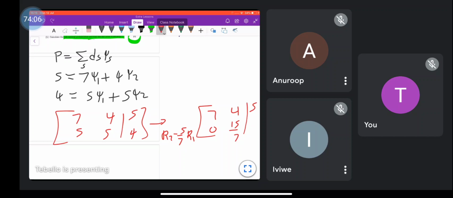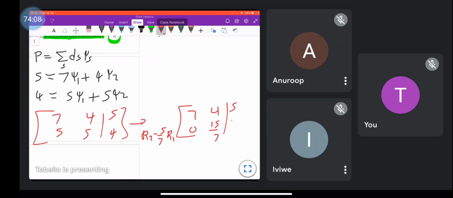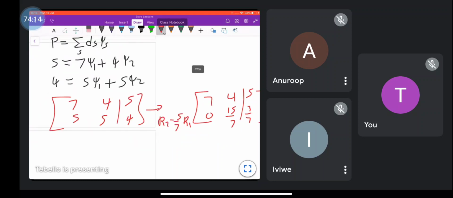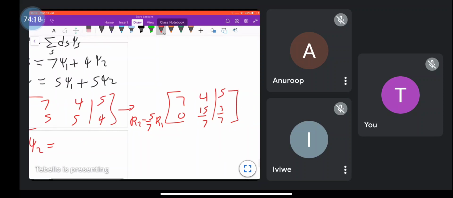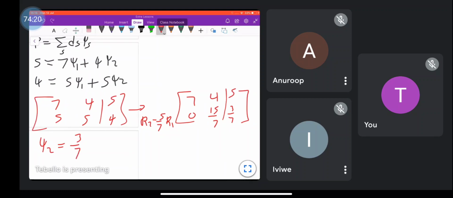Then you'll have 3 over 7. This one is much easier to find, and therefore the state pricing of 2 is going to be 3 over 15, sorry. And then the state pricing of 1 is going to be, you will have 5.